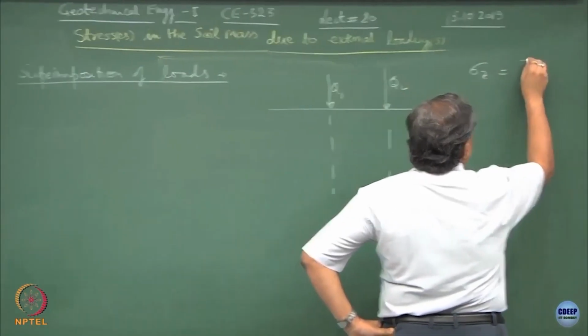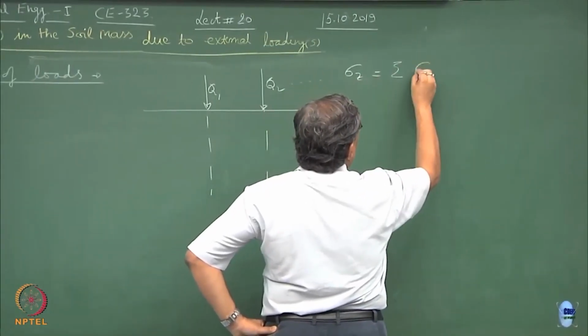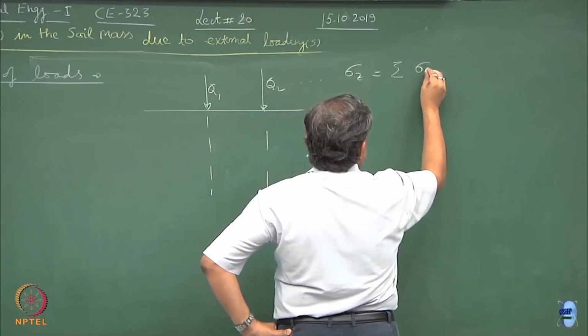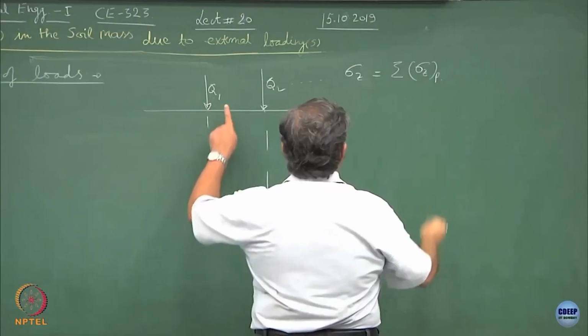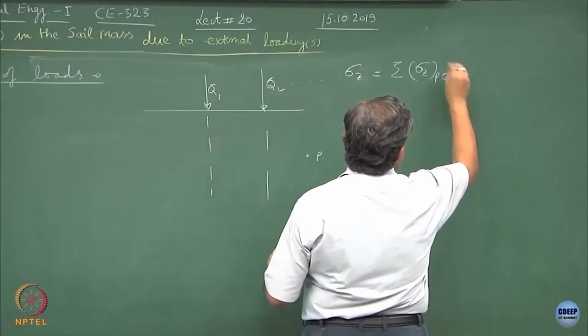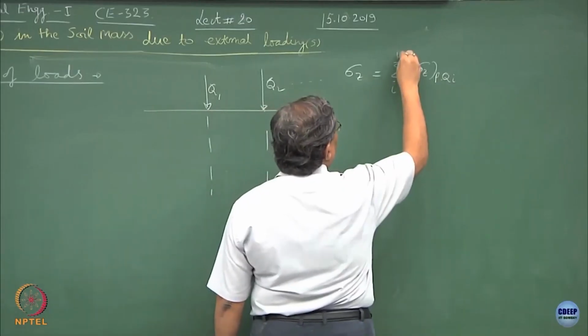So, sigma z will be equal to summation of, if I have a series of loads over here, sigma z at point P because of Q1. So, this becomes i equal to 1 to n.